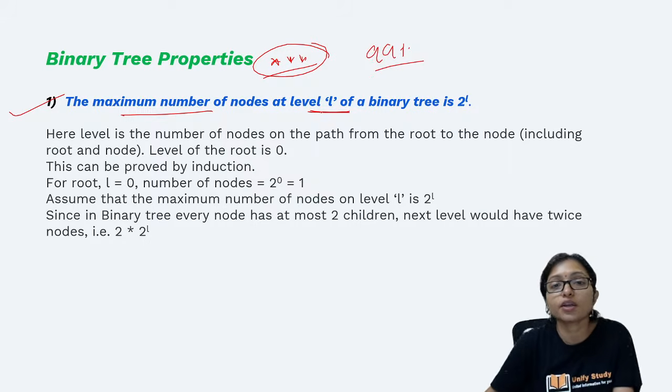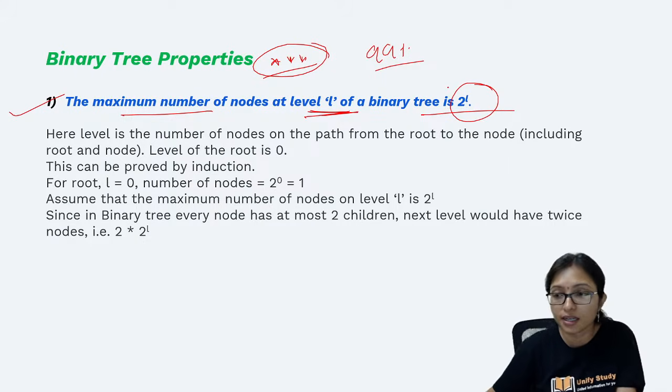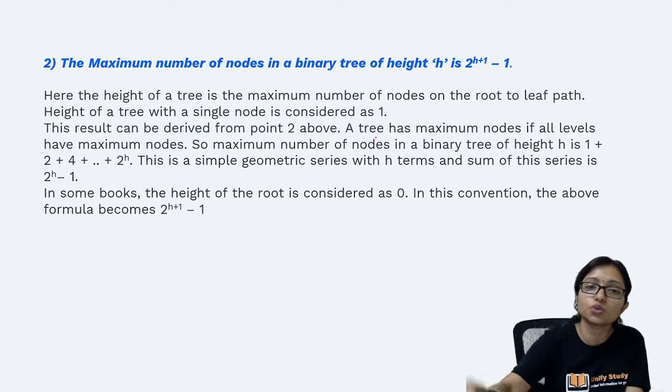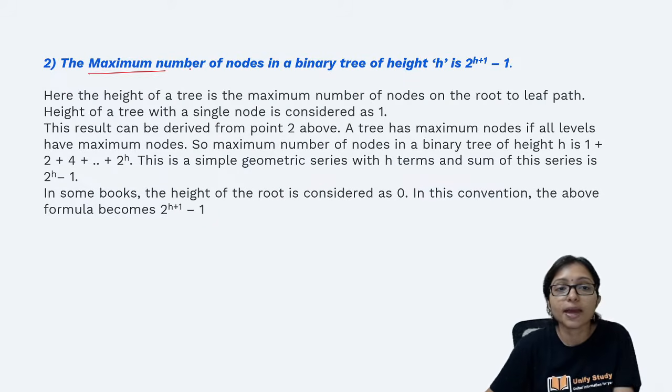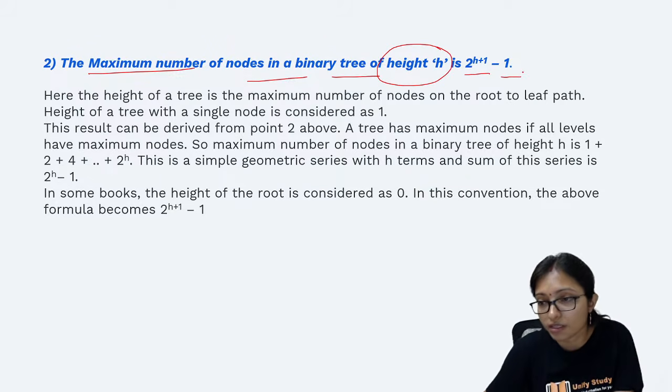Okay. So here you can see at level L, a binary tree will have 2 to the power L nodes. If the level is L, then the number of nodes will be 2 to the power L. The maximum number of nodes in a binary tree with height h is 2 to the power h plus 1 minus 1, that we just now did.